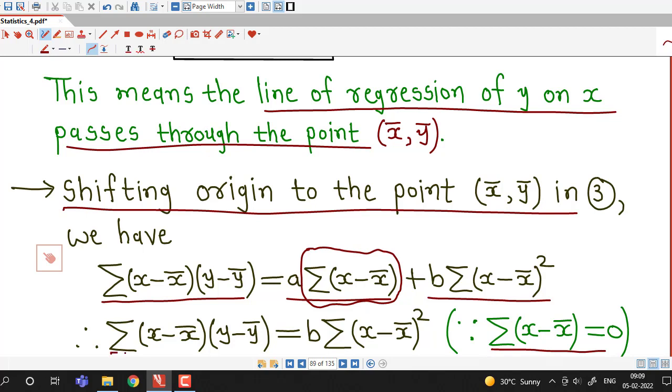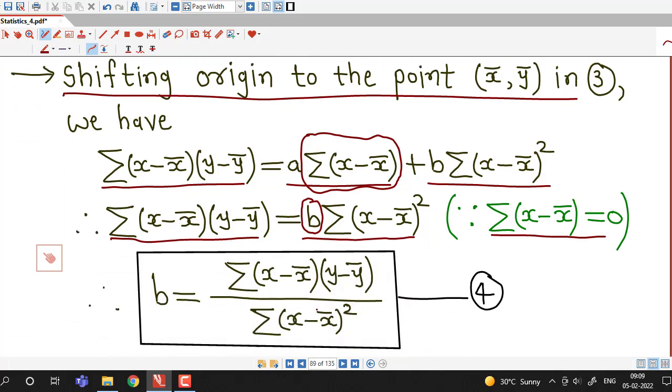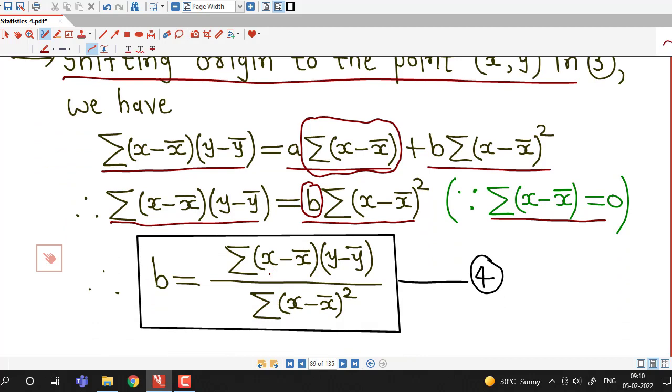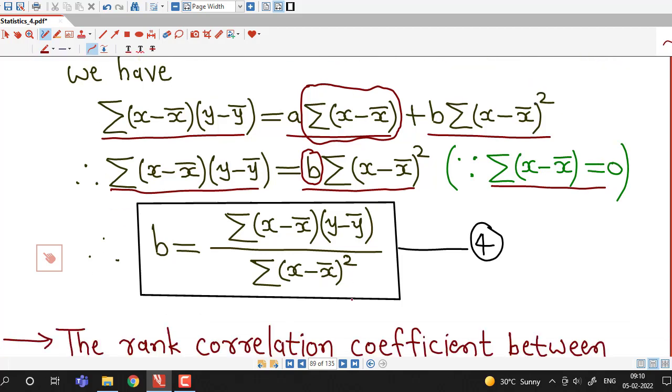So we obtain sigma x minus x bar times y minus y bar equals b times sigma x minus x bar whole square. From this I can obtain the value of b. Therefore b equals sigma x minus x bar times y minus y bar divided by sigma x minus x bar whole square.